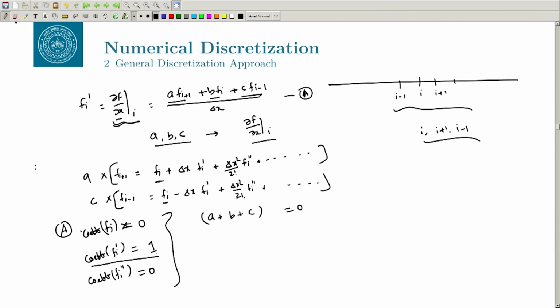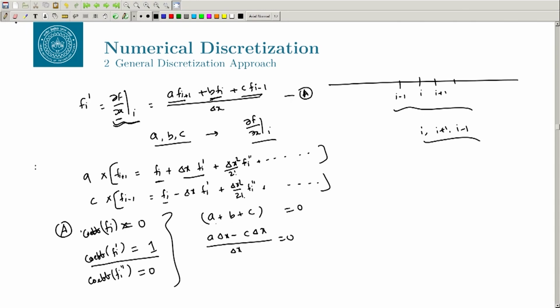Second is the coefficient of f'(i) equal to 1. So, collect the f'(i) term. Basically this is A delta x, plus there is no f(i) term here, plus C times minus delta x, divided by delta x, equal to 0.